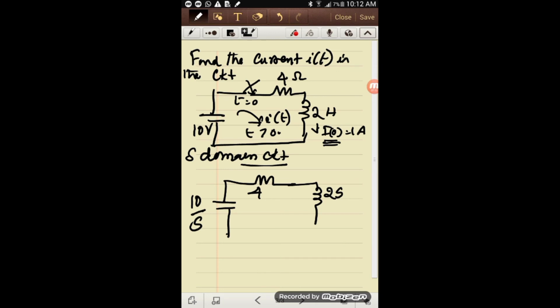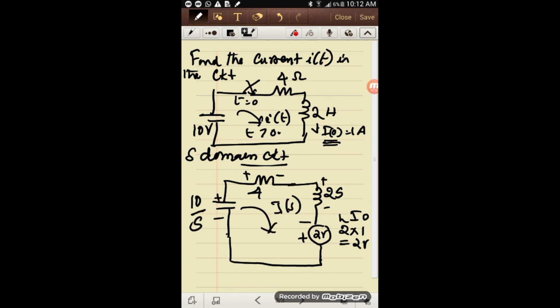We should include LI0. What is the value of LI0? 2 into I0 is 1. So 2 volt. So you should add a 2 volt source like this. So this is plus minus, this is plus minus, plus minus, minus plus.